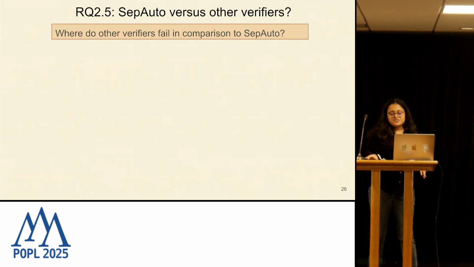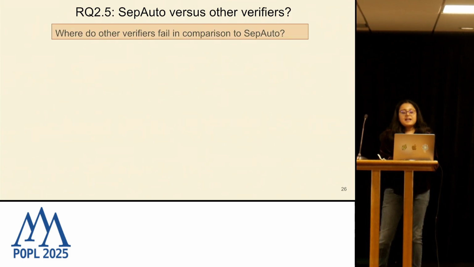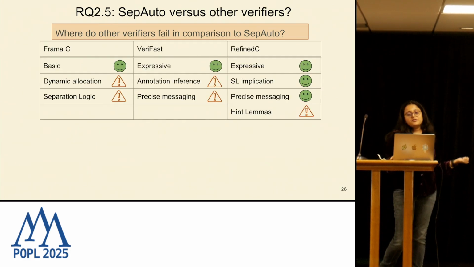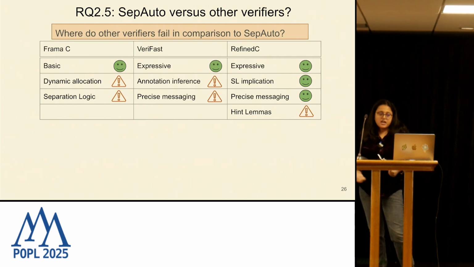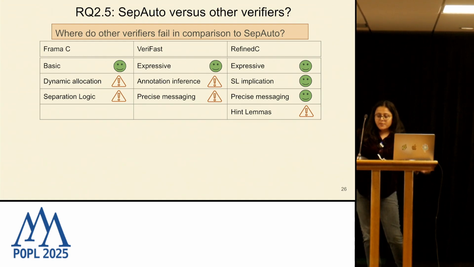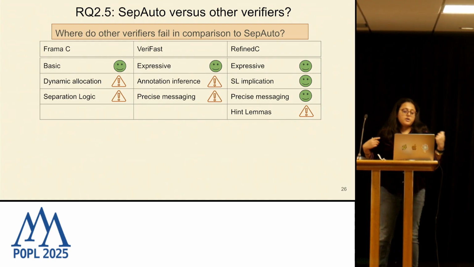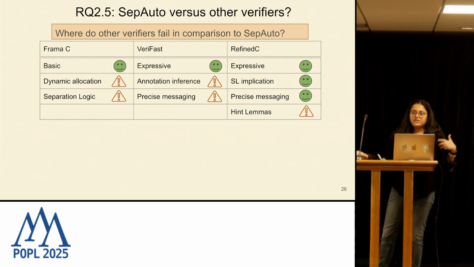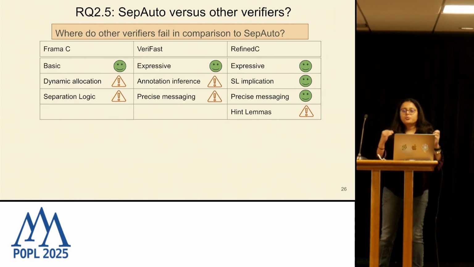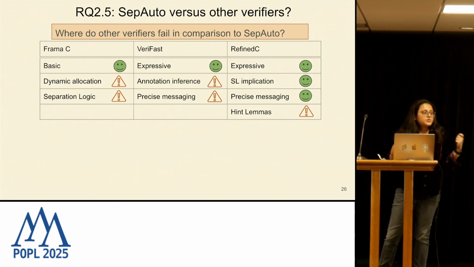Now we extend this research question by analyzing the failure mode of SEP-Auto versus other verifiers. We do comparison with Pharmacy, Verifast, and RefinedC. Now Pharmacy is very good for the basic category of programs, but when programs require dynamic memory allocation, or when it involves separation logic conjuncts, it requires a lot of annotation burden, which is very difficult to infer.